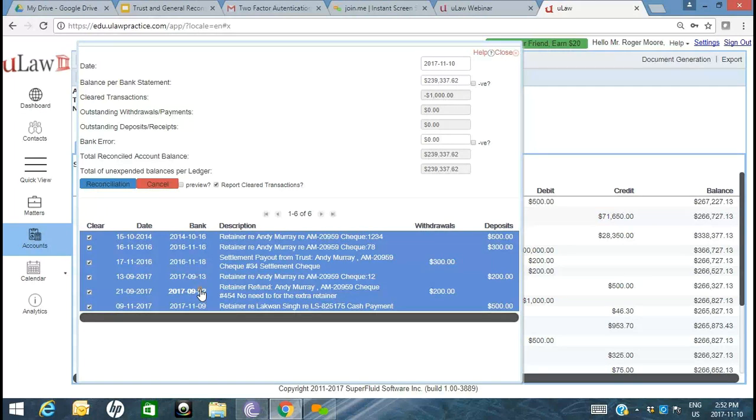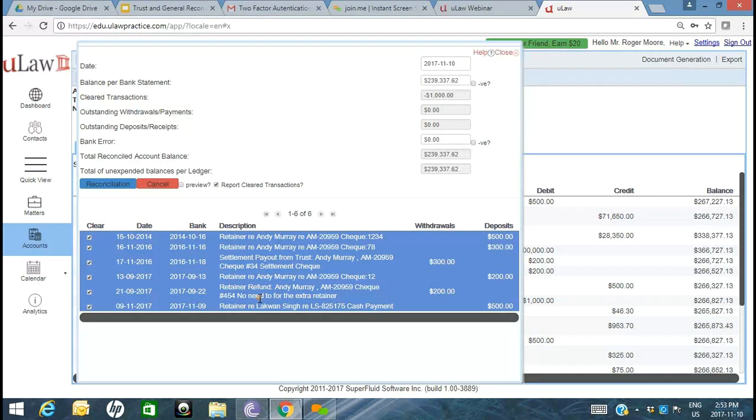And here's a more recent retainer that we received. Let's say this was the 9th as well. So now that I've cleared, essentially I have cleared my conscience as well as the transactions between my bookkeeping software, uLaw, and my bank. And we made it simple that the only thing you're doing is changing the date.